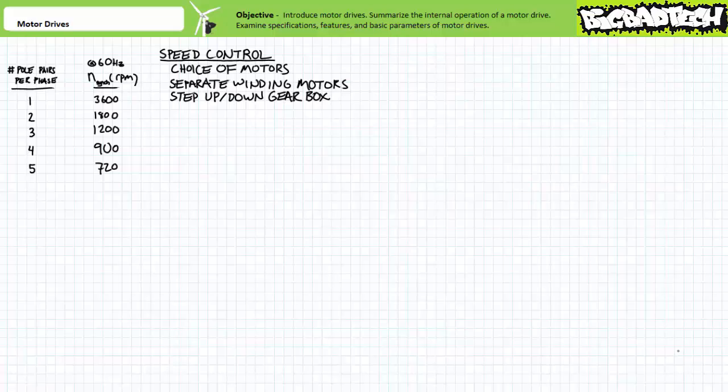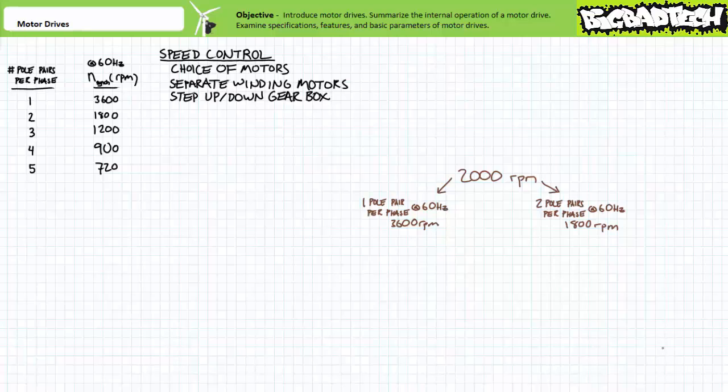A convenient solution to these scenarios are mechanical step-up or step-down gearboxes or belt and pulley combinations with a gear or pulley ratio such that input and output rotational speed are appropriately exchanged for torque. For example, consider an application necessitating a nominal input of 2000 RPM, a rotational speed figure ordinarily stranded in the large no man's land between single pole pair per phase and 2 pole pair per phase 3-phase AC induction motors.